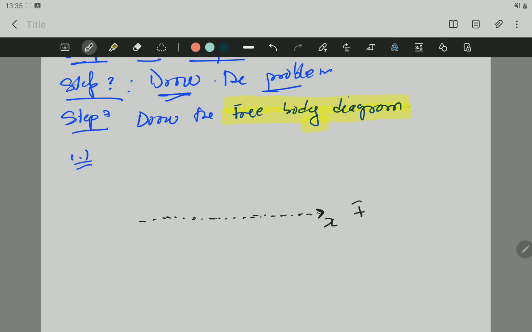So this direction here is positive. And obviously, the y-axis, as you learned in mathematics, the Cartesian plane, is always perpendicular to the x-axis. So this is my axis, and I'm going to draw the free body diagram.